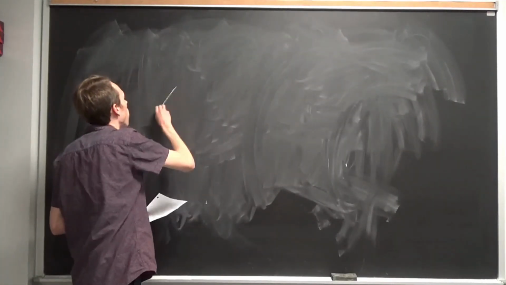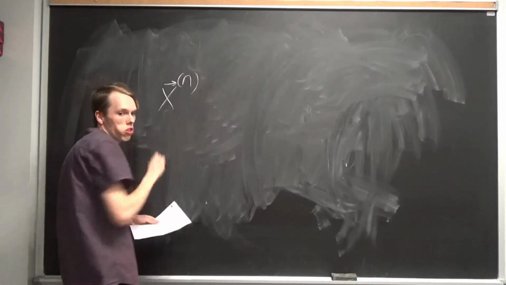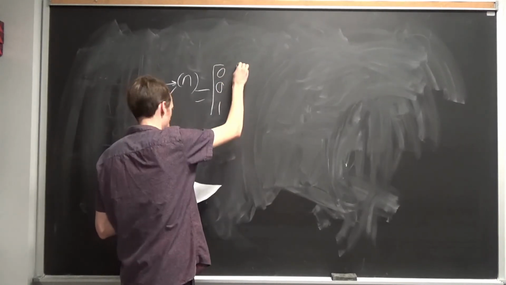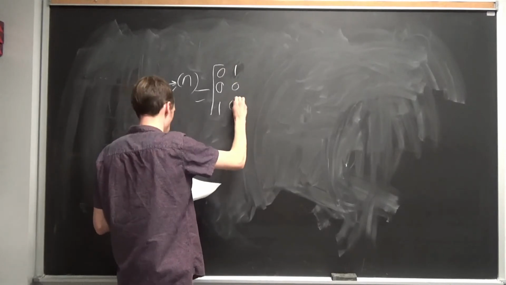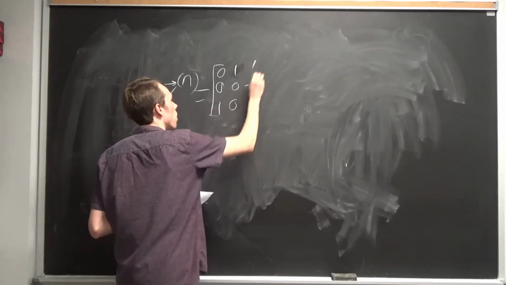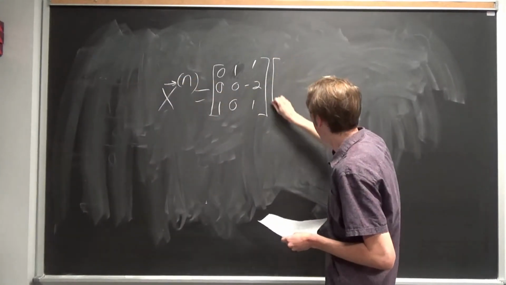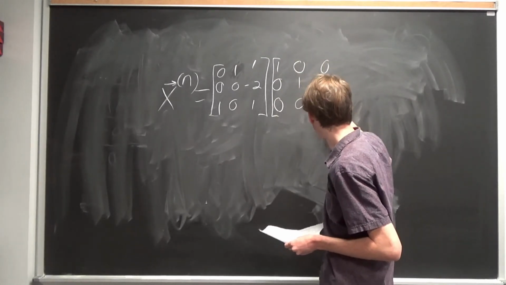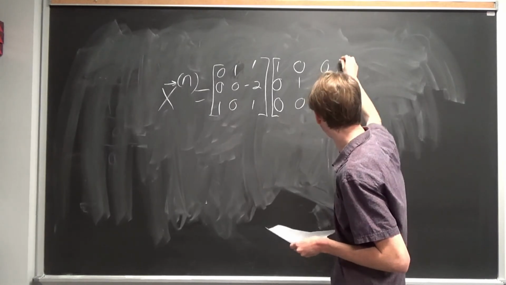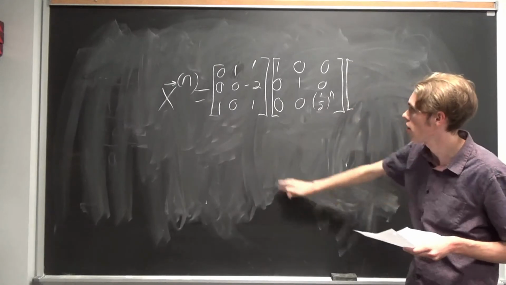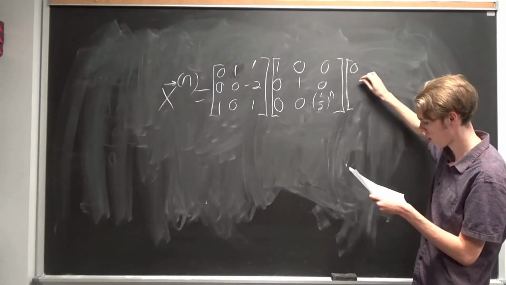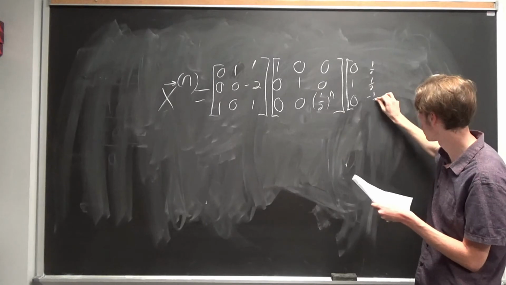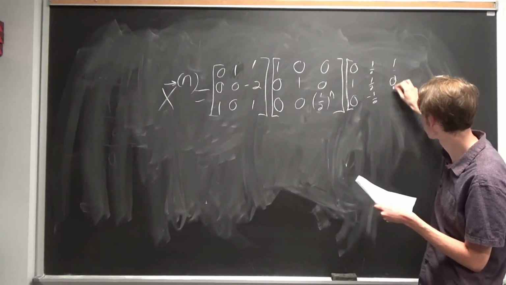Thus, x to the n, the nth generation, is going to be equal to 0, 0, 1, 1, 0, 0, 1, -2, 1, times 1, 0, 0, 0, 1, 0, 0, 0, 1/2 to the n, and times the inverse of P, which is 0, 1, 0, 1/2, 1/2, -1/2, and 1, 0, 0.